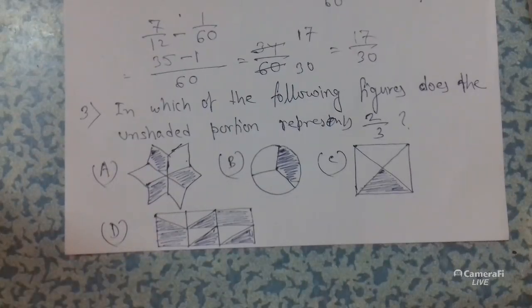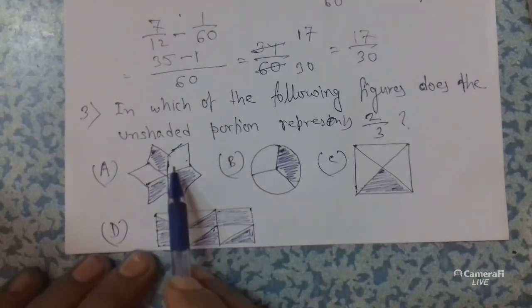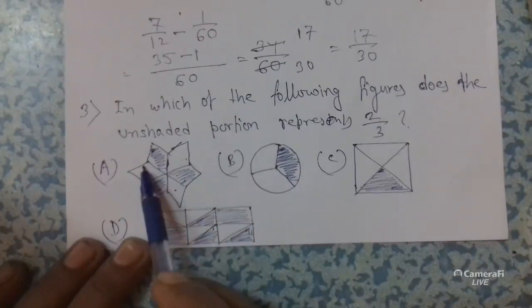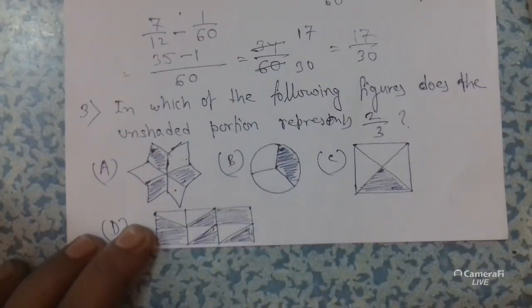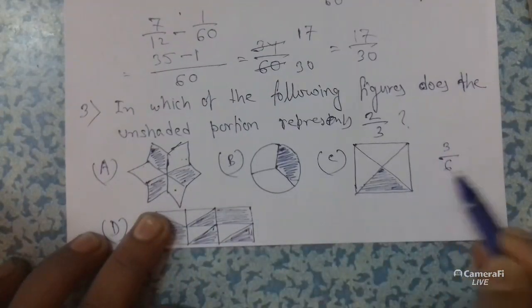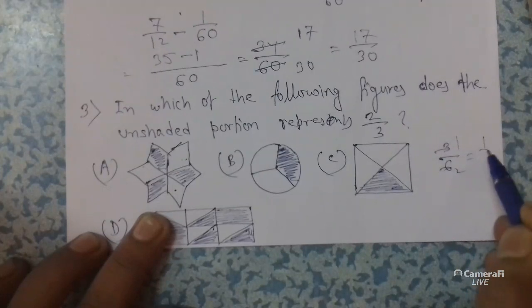Now students, in which of the following figures does the unshaded portion represent 2 by 3? So here in the first figure there are 6 parts, 1 2 3 4 5 6. Out of 6 parts, 3 are unshaded, so that means it is 1 by 2.